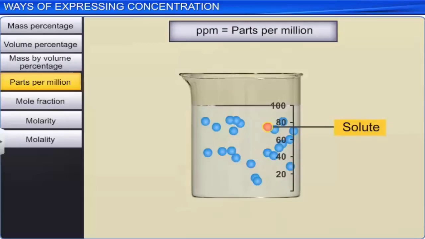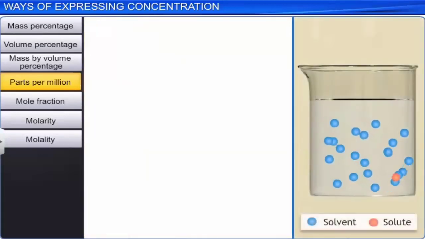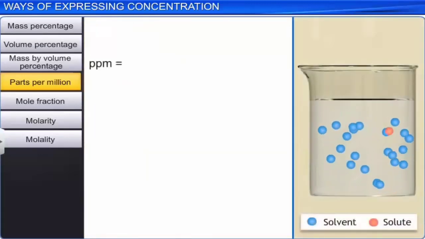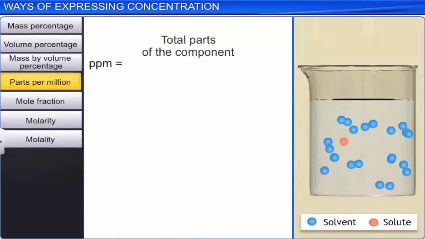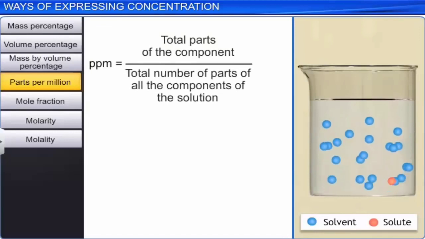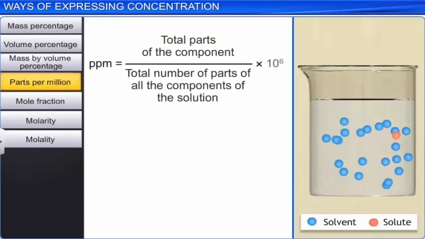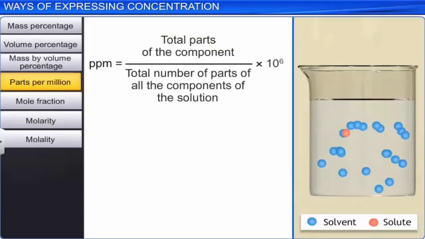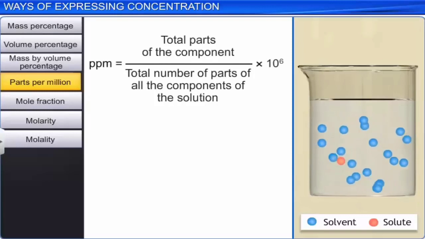Mathematically, it is expressed as the total parts of the component divided by the total number of parts of all the components of the solution multiplied by 10 to the power 6. The concentration can be expressed as mass to mass, volume to volume, or mass to volume.